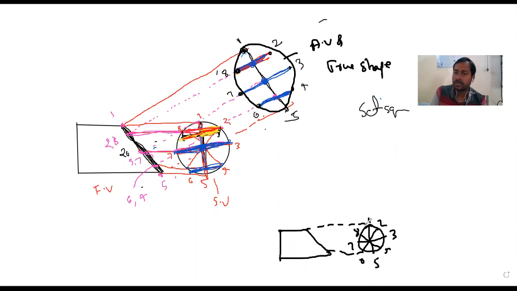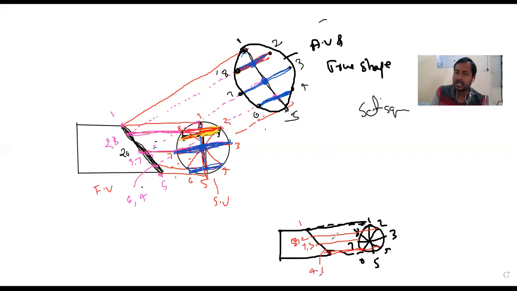And from this one, a line is already drawn. From 2 and 8, we should draw a line like this. From 3, 7, another line. From 4, 6, another line.